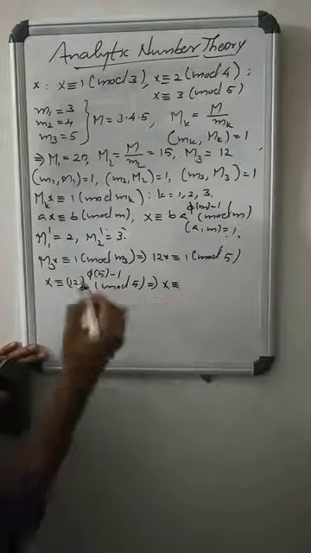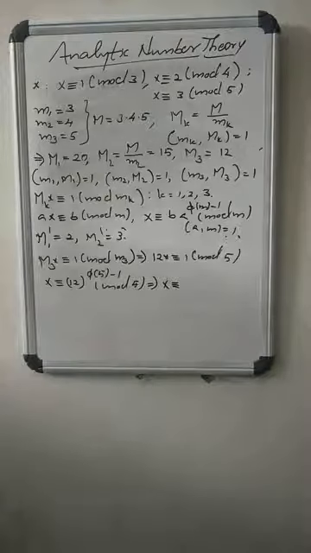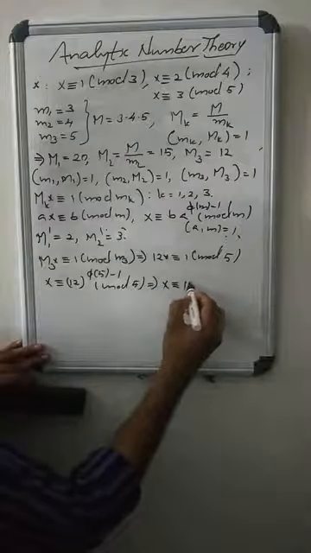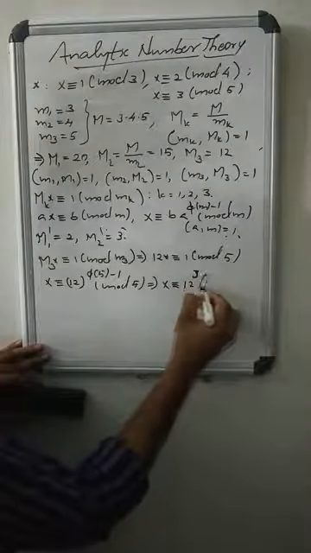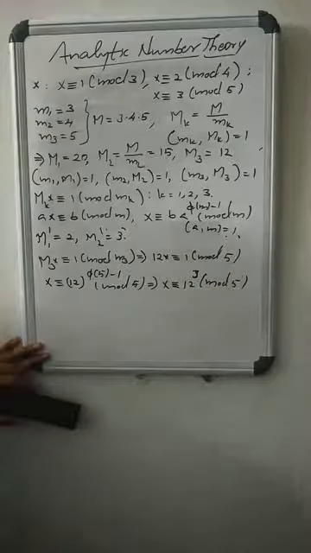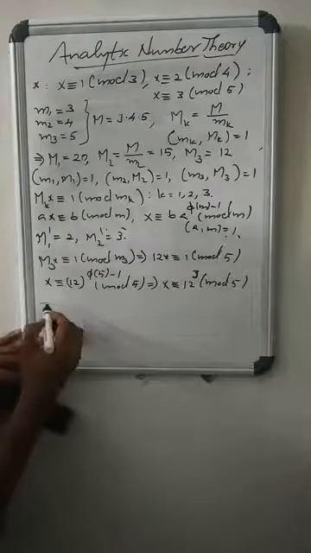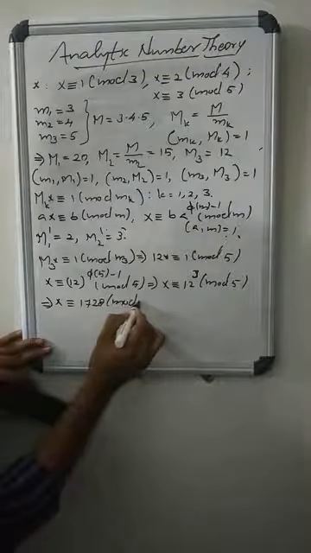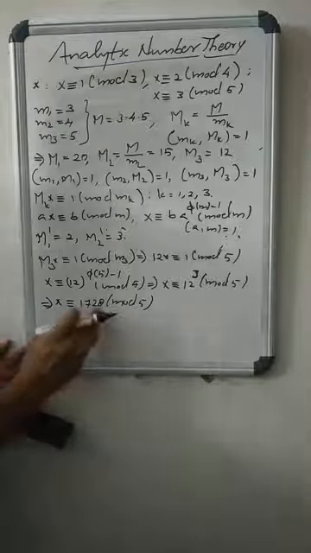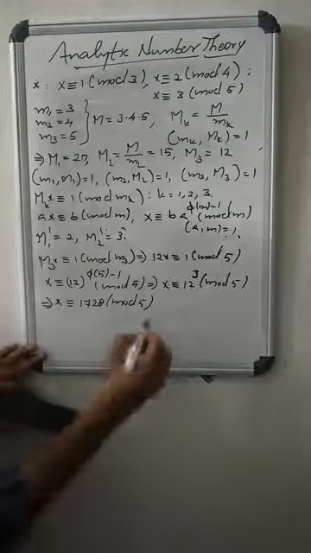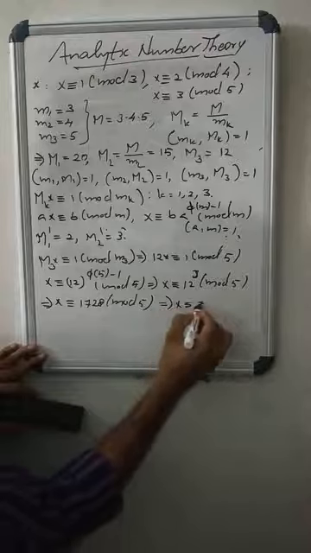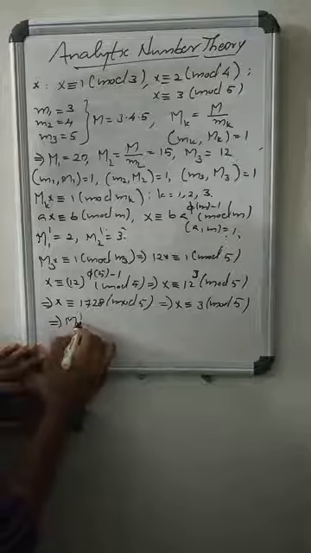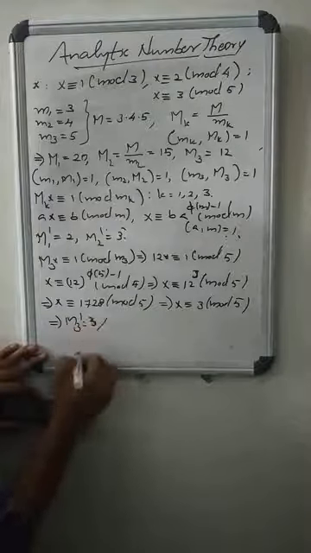Since 5 is a prime number, φ(5) is 5 minus 1, that is 4, and 4 minus 1 is 3, so x ≡ 12³ mod 5. 12 cubed is 1728, and dividing 1728 by 5 the remainder is 3. So x ≡ 3 mod 5, and m_3 dash equals 3.